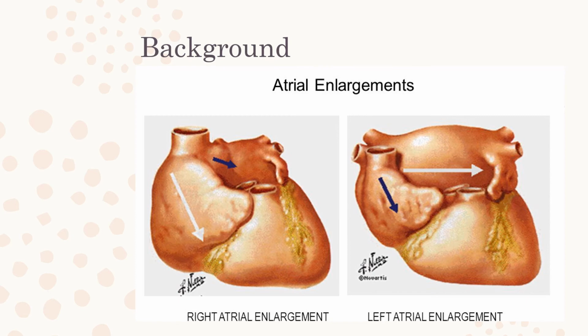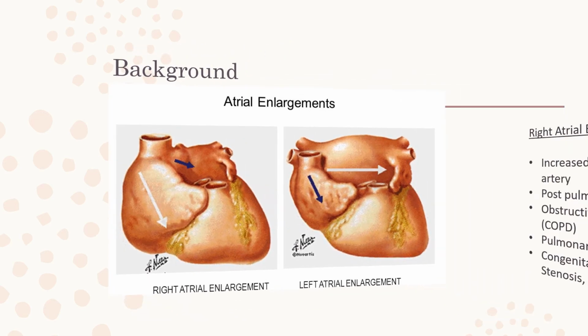So when we see right atrial enlargement, you can see that this right atrium here is bigger, and we see that a lot of the energy, a lot of the electricity is heading downwards, as opposed to left atrial enlargement, where now most of the energy, most of the electricity is moving towards that way. So energy tends to go where it's bigger.